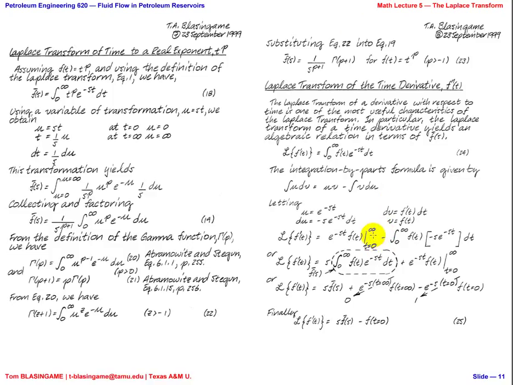When you substitute some derivative of a function here, then you integrate by parts again, and integrate, and integrate, and you come up with this expression, right? So what it tells you is that in order to get the Laplace transform of a derivative, you need an initial condition, right?